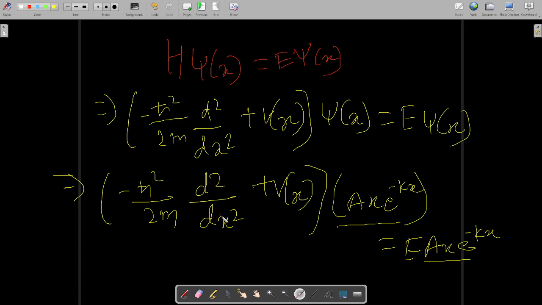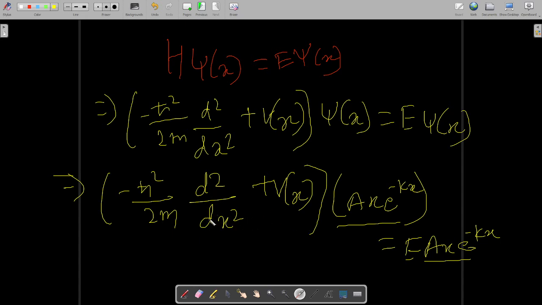When more than one variable is involved, only then does the partial differentiation symbol make sense. When only a single variable is present, we should use the full differentiation symbol. So I will use that now.